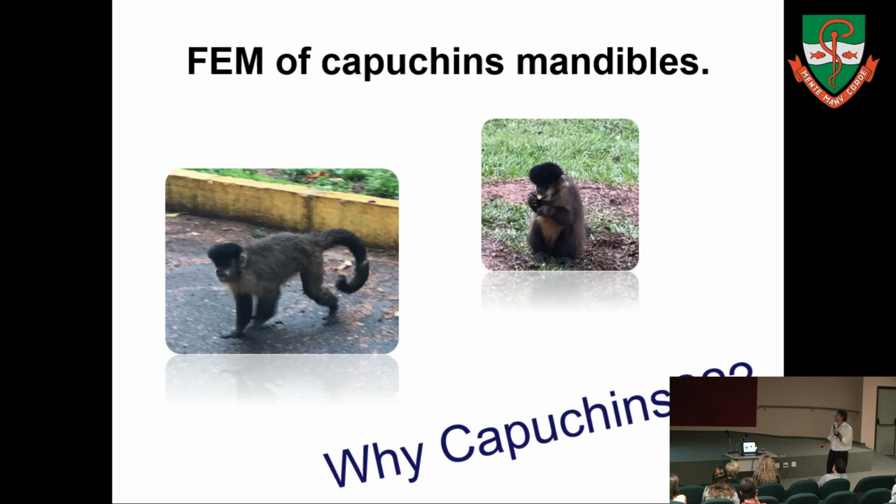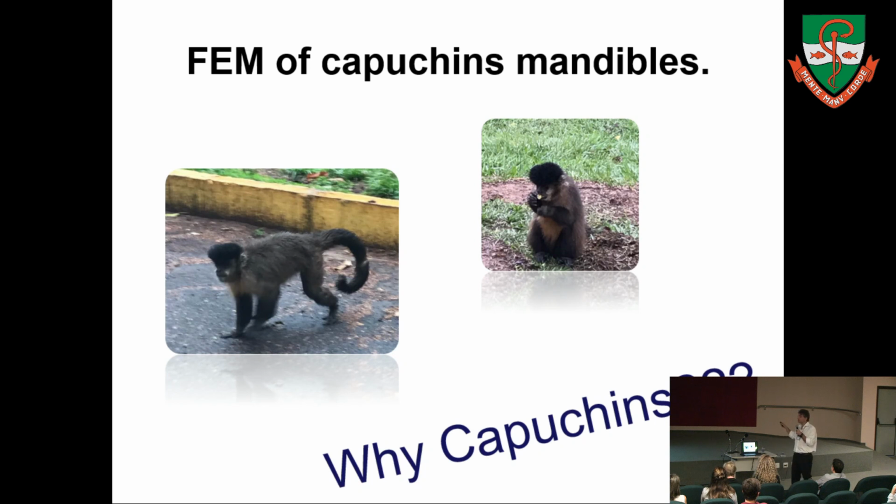So, Cebus has mandible behavior close to the human, and it's a little bit different from what we work with here. We work with rats, and rats are completely different from humans, because we cannot do the research like you guys can do in the United States.